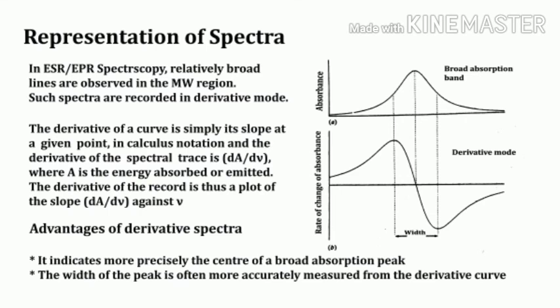Now let us see the representation of spectra in electron spin resonance or electron paramagnetic resonance spectroscopy. In ESR or EPR spectroscopy, relatively broad lines are observed in the microwave region. Such spectra are recorded in the derivative mode.